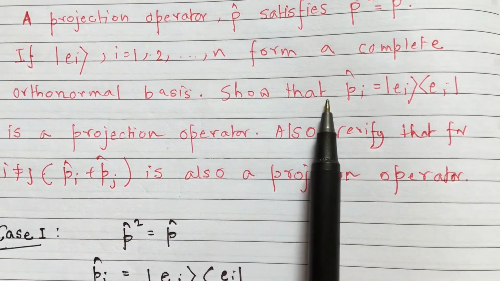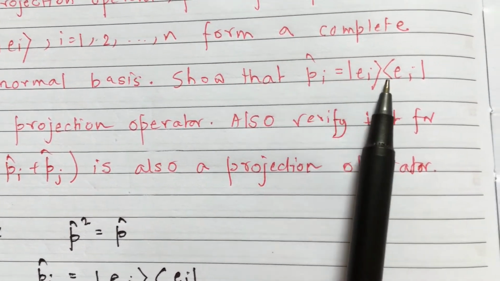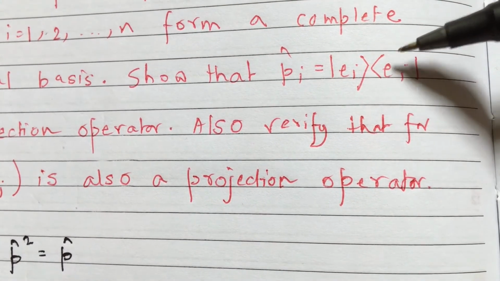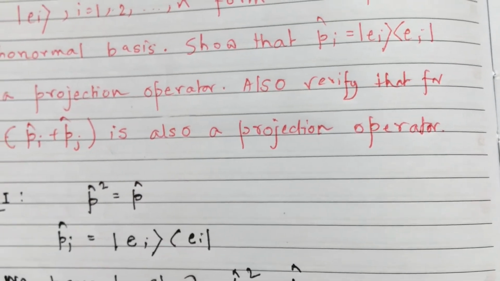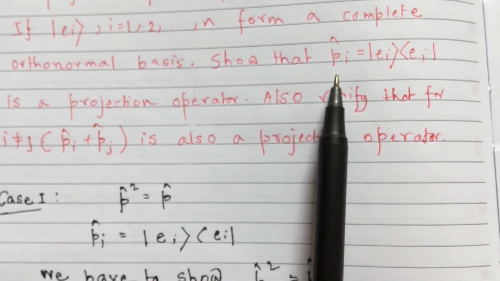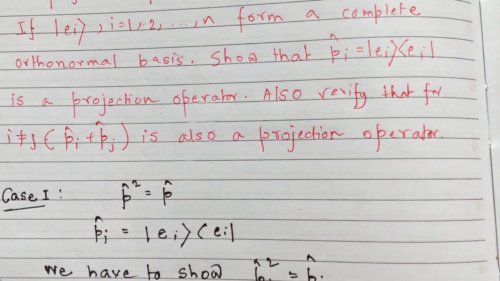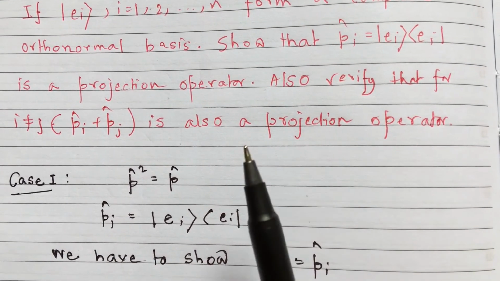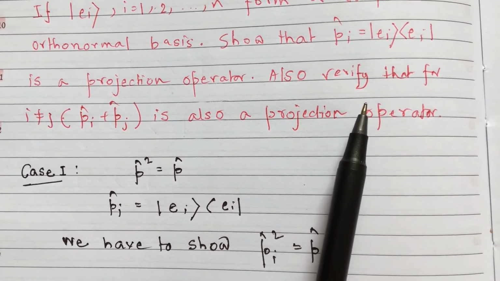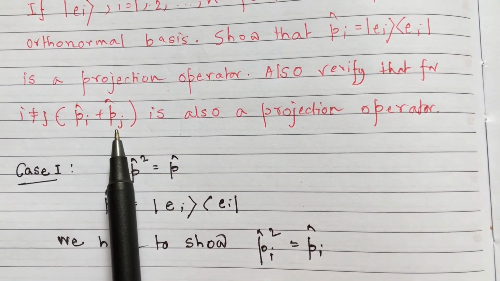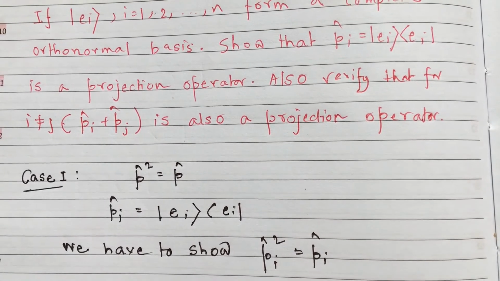Now we have to show that Pi hat equal to EI, that is the outer product of these two basis vectors. And we have to show that this Pi is also a projection operator. Second problem is we have to verify that when I is not equal to j, then Pi plus Pj is also a projection operator.